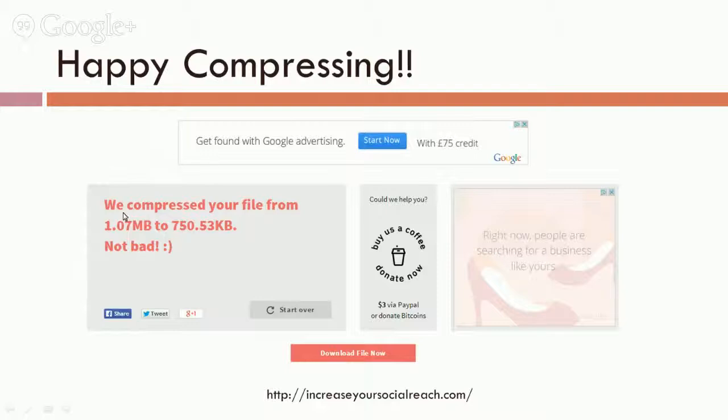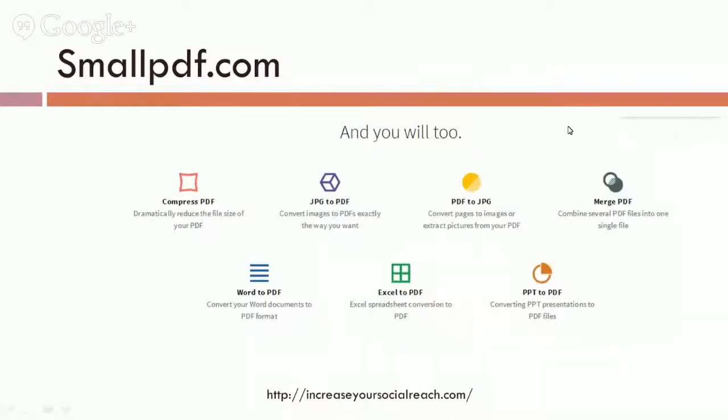But actually, with smallpdf.com, it makes it even smaller than I had before. I think I had about 850 KB, and this one made it 750. So I'll be doing some changes to the ebook later on my site.